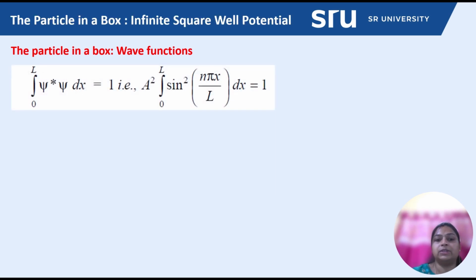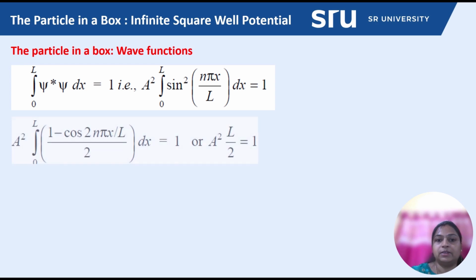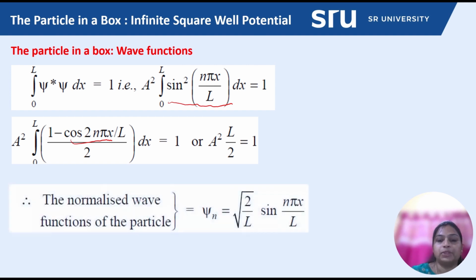We have shown how we can find the value of a, and this sine square n pi x by L we can split as 1 minus cos of 2 n pi x by L divided by 2, by a simple trigonometric formula, is equal to 1, or we can write a square L by 2 is equal to 1. So this is our normalized wave function.